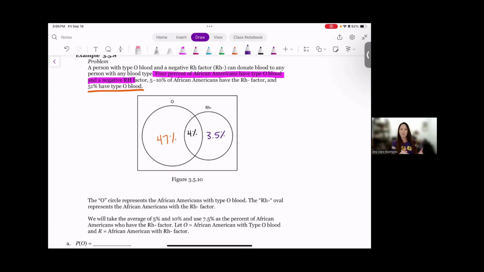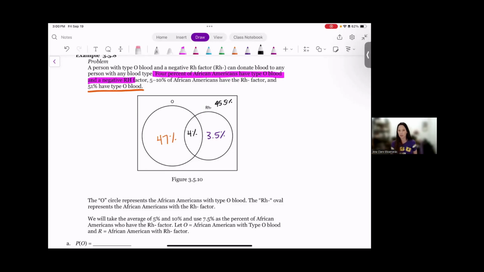Well, 47% and 4% is 51%. Plus 3.5% more is 54.5%. So if we have 54.5%, we need to figure out how much is left over, which is 45.5% that are neither type O or have a negative RH.